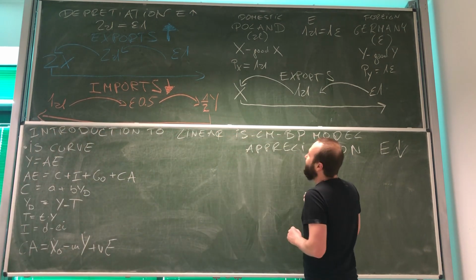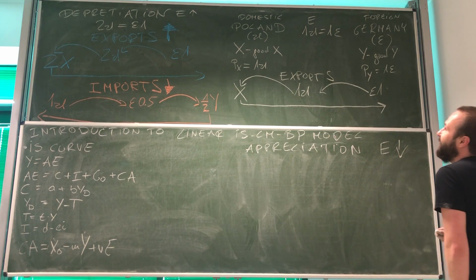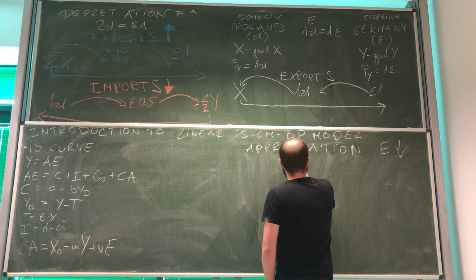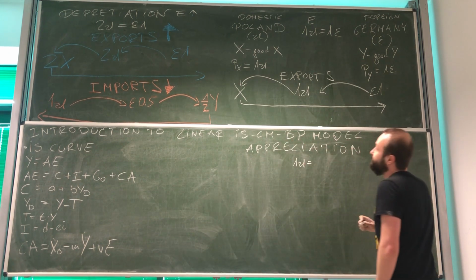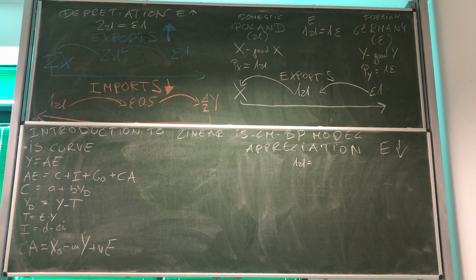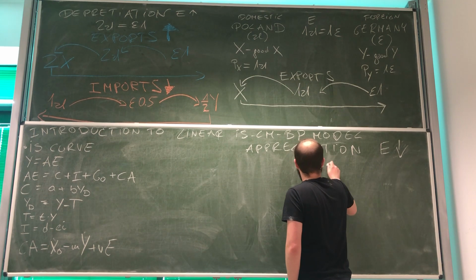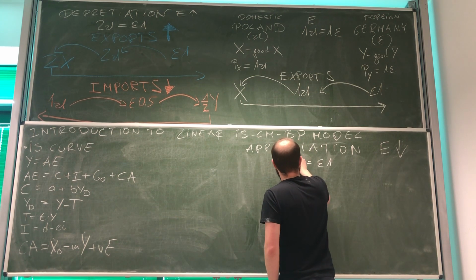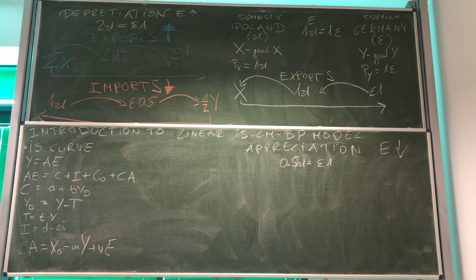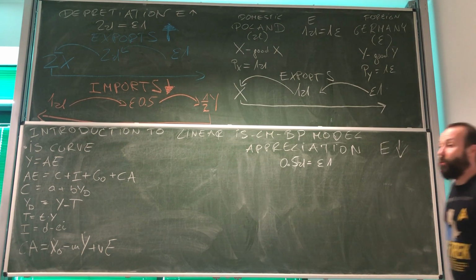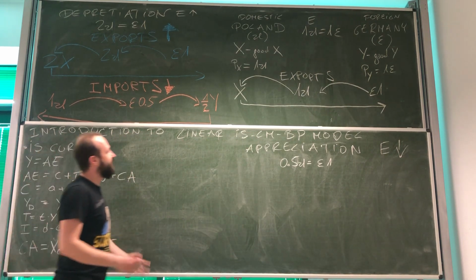So let's just say that now we've got a case where for €1, we need to pay just 50 groszy, right? 0.5 of 1 zloty. Okay, what is going to happen now? Let's first look at exports.